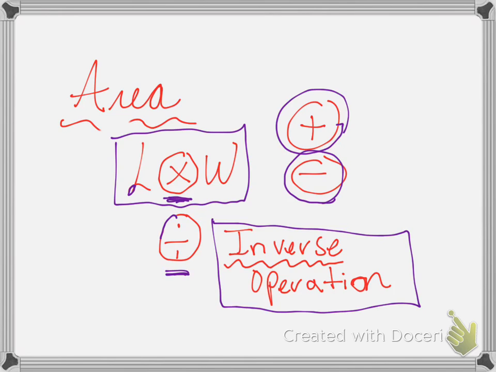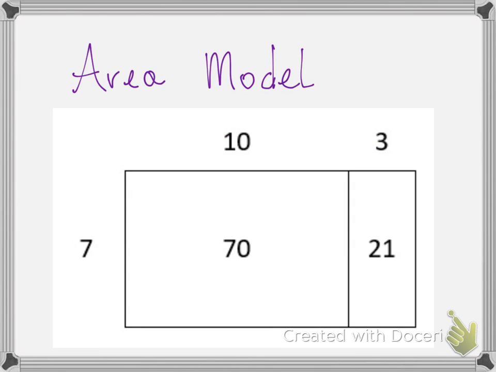So today we're going to focus on the inverse operation of division using the area model and number bonds. So here's an example of what an area model looks like. You're used to seeing this when we focused on multiplication.